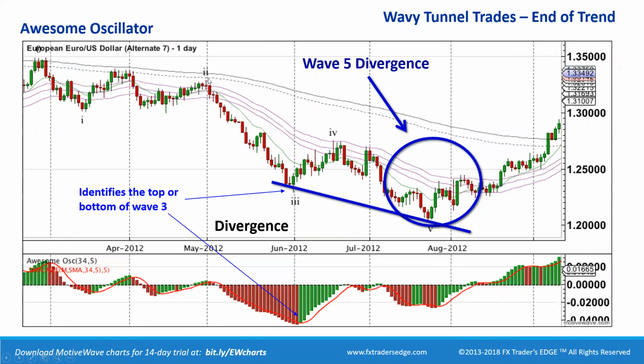Now, again, you can draw your channel lines and target the wave 5 using channeling techniques and using your Fibonacci measurements to project wave 5. So when we say projecting wave 5, we mean in 2 ways. The first way would be to project this black wave 5 versus the black wave 1, or the black wave 1 to wave 3.